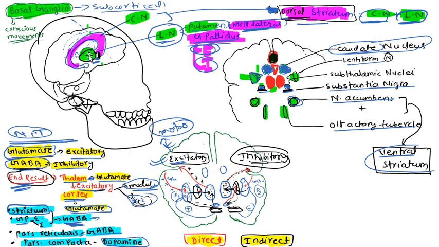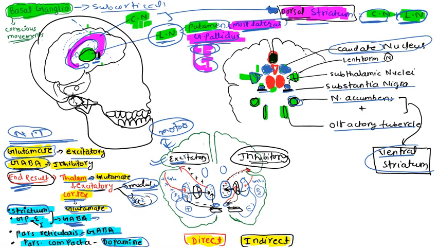Now then we have the lentiform nucleus, which is a wedge shaped nucleus present below, and the caudate nucleus is attached to this structure. I know this structure is not very symmetrical, but it has been drawn just to represent the type of structure we are drawing. So this is the caudate nucleus, this is the lentiform nucleus.